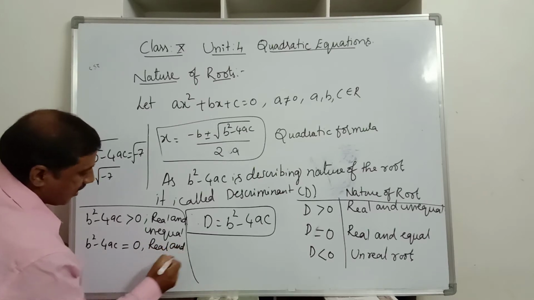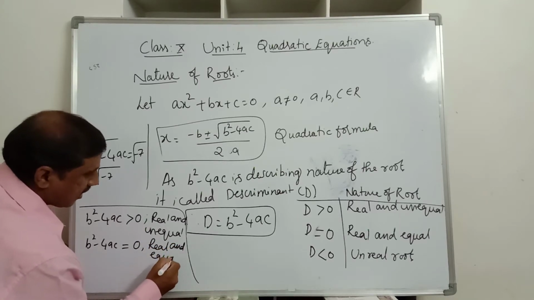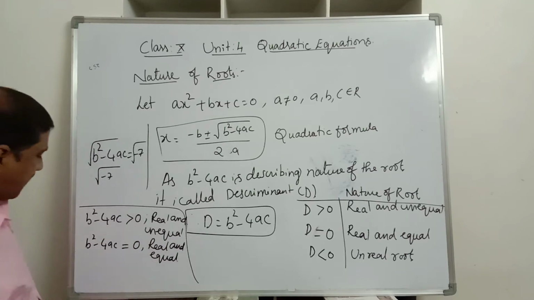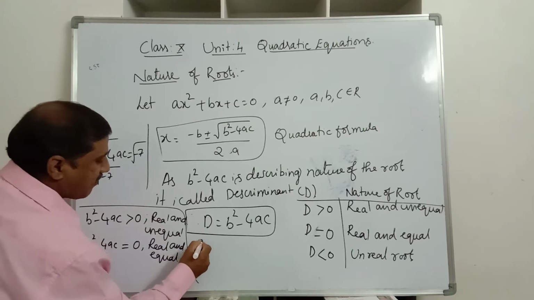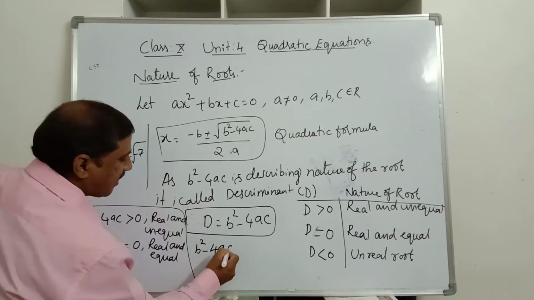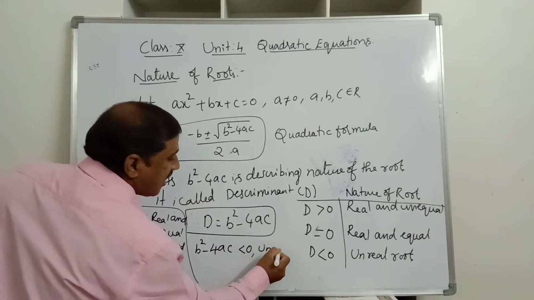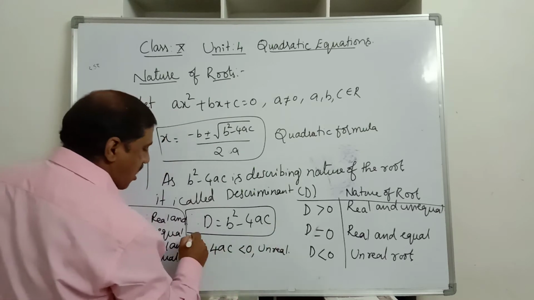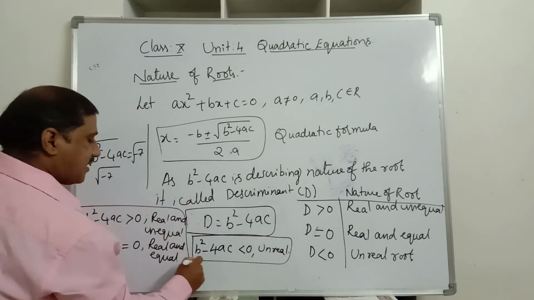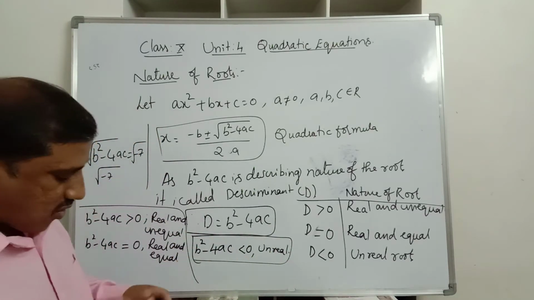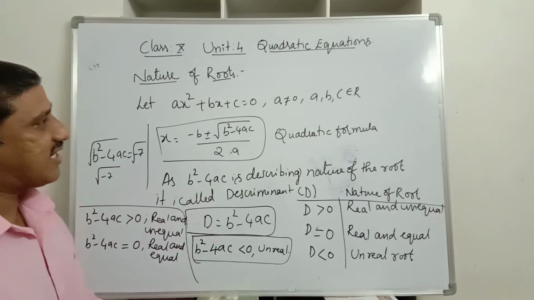Similarly, if b square minus 4ac is less than 0, the roots are unreal roots. So this is about the nature of roots of a quadratic equation.